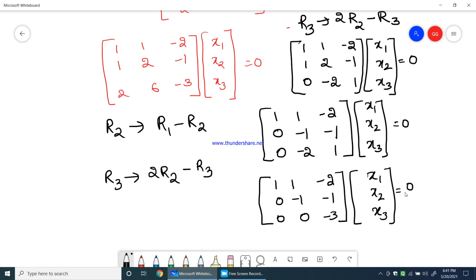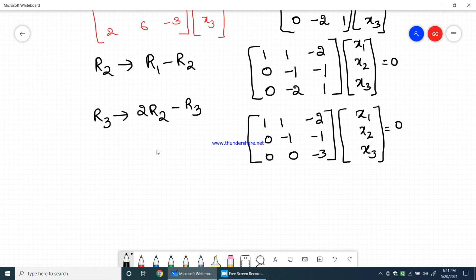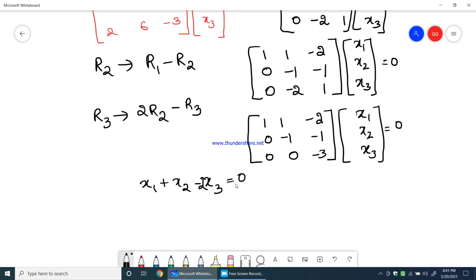So I think this is the final. We'll write the equations for this row reduced matrix. I get x1 plus x2 minus 2 times x3 equals 0, minus x2 minus x3 equals 0, and finally 3x3 equals 0. Therefore x3 equals 0.